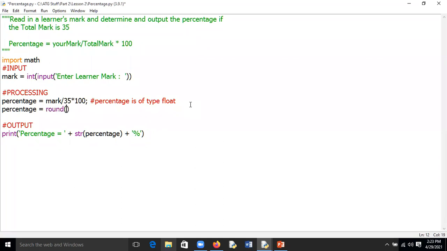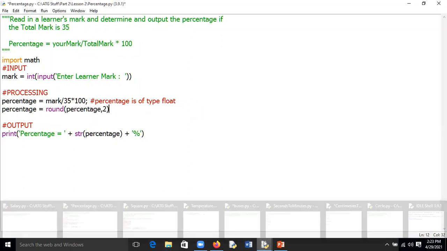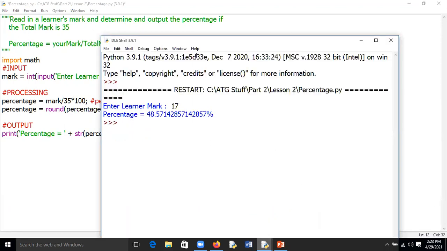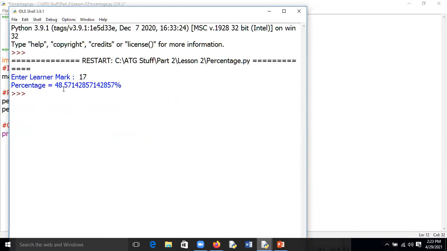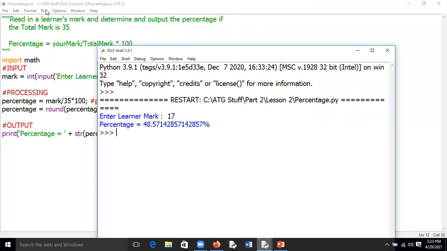That's fine. And it's going to be percentage comma 2. So percentage is going to be rounded off to two decimal places. Now, if you look at our output here, to two decimal places, it'll be 48.57. So let's run this again.